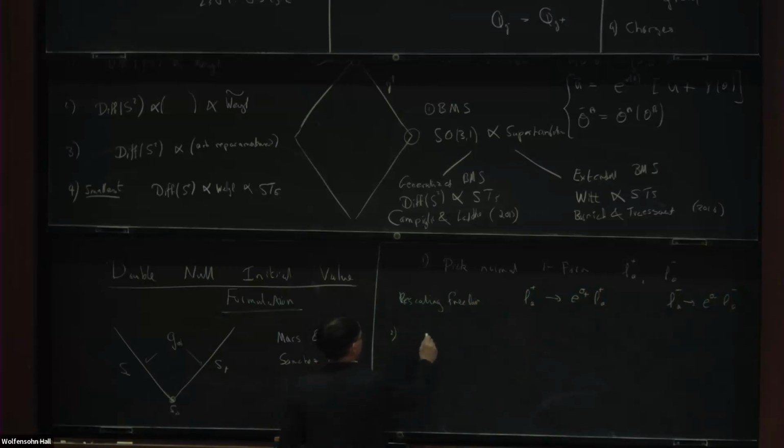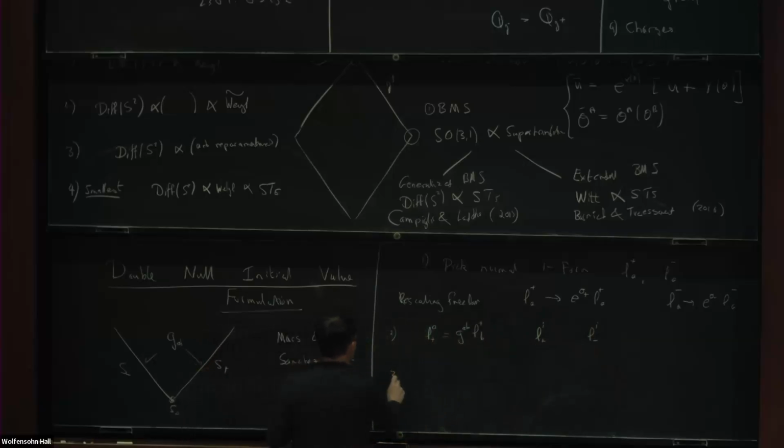Then we raise the index to get the up-index normal, which is going to be an intrinsic vector on the 2-surface. I'm going to write intrinsic vectors with indices I, J, K. So I have the intrinsic normals in the two surfaces, the up index ones.